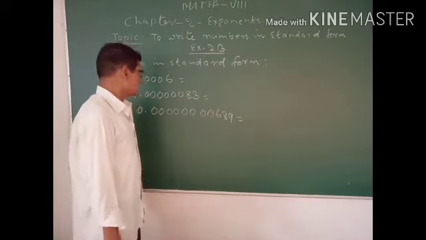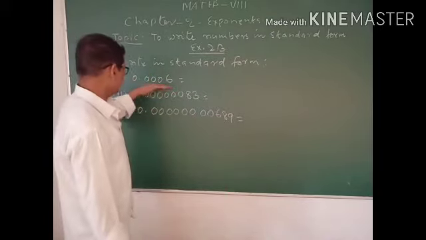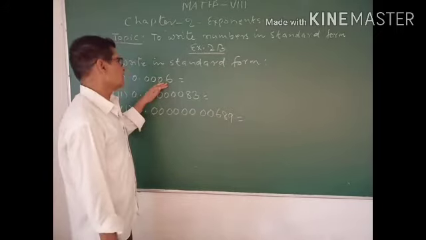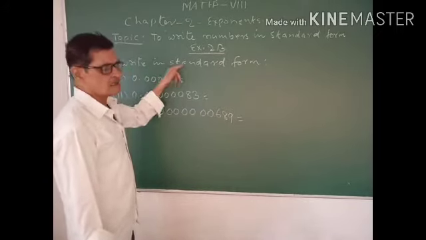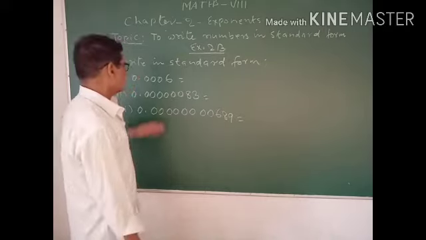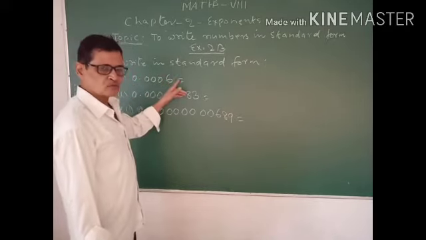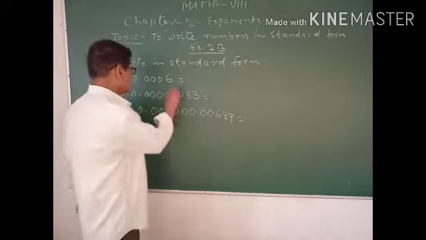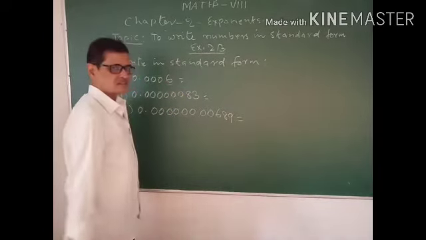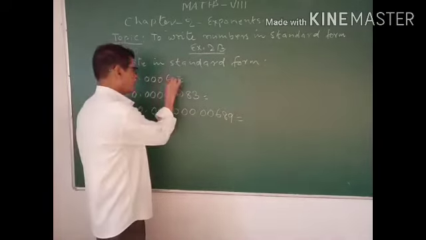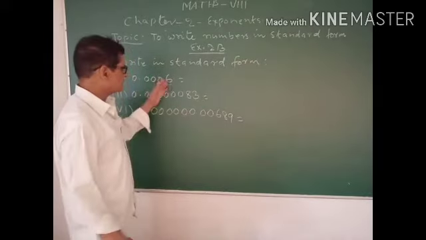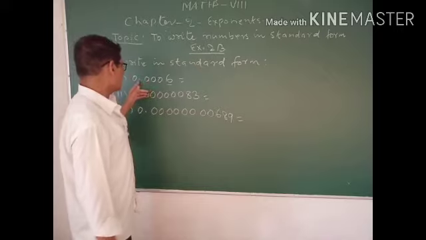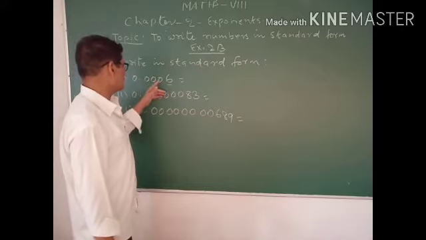So let us consider in this example where we want to keep decimal in a standard form. I have already told you that decimal should be put after 1 digit. 1 digit is only 6. Here we have to put decimal after 6. So what should be done? Count the numbers 1, 2, 3, 4.